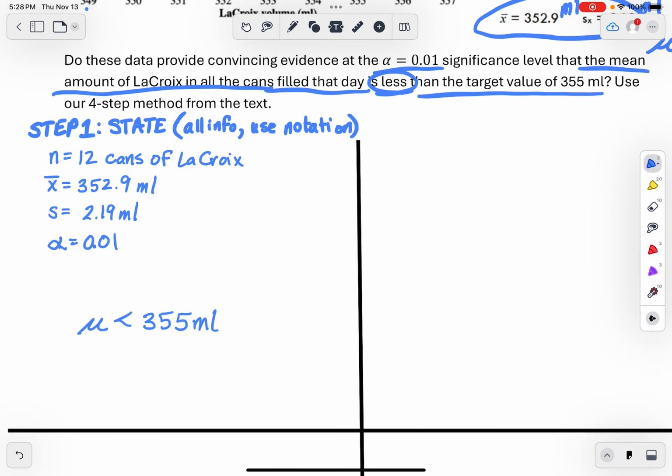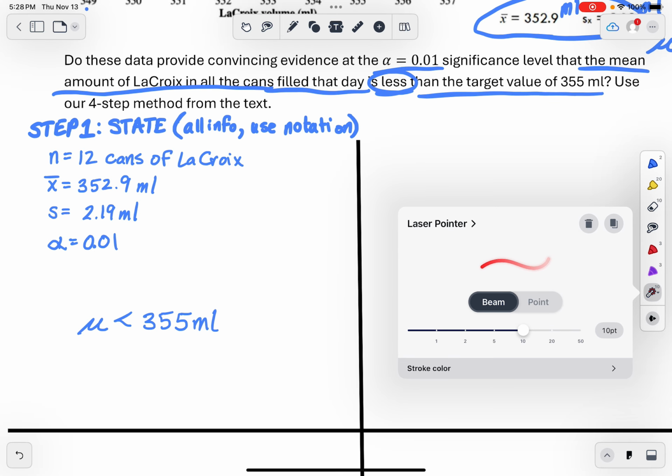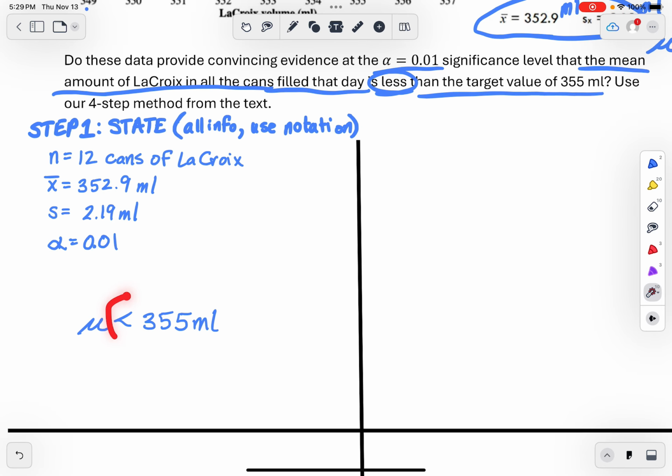Because we do not have an equal sign in here, just a strictly less than, this is going to be my alternative hypothesis. I'm going to put an asterisk there because that's what I want to come back to when I'm making my final conclusion. This is the claim I definitely want to address because this was the question they asked.